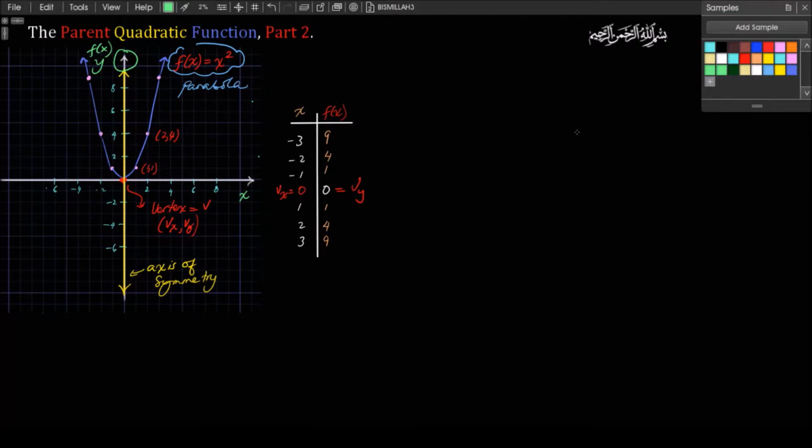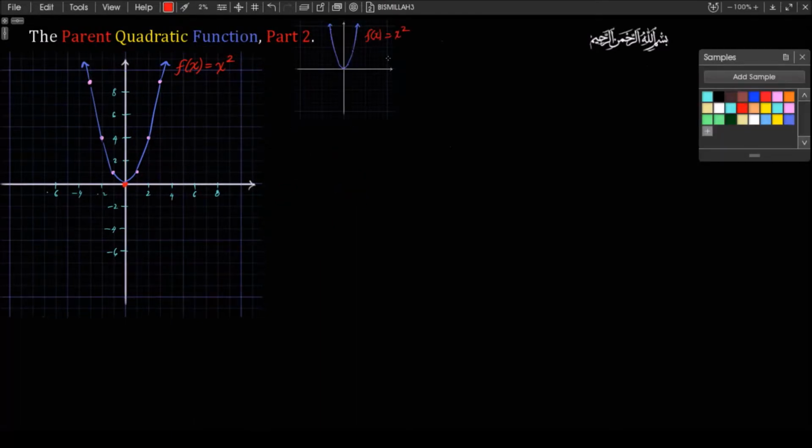Okay, so this is the parent function. So I've drawn the parent function here. Thereafter we said, okay, if that's the parent function, what does -x squared look like? In other words, what does the introduction of this negative sign do to the graph? Now, if you recall, we had plotted this out, and the graph of y equals -x squared was a reflection, or like a flip of the parent function.